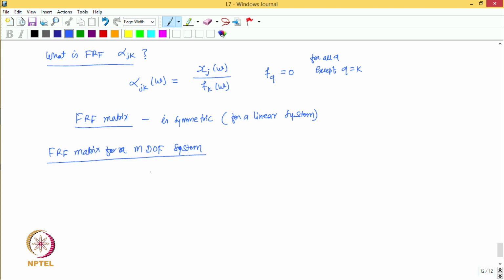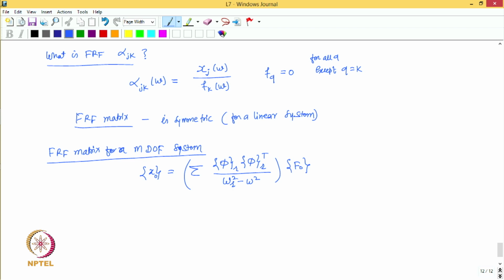So, if we look at the expression we got for the steady state response amplitude, let us write that expression again. That expression was phi r transpose divided by omega r square minus omega square f naught, isn't it?